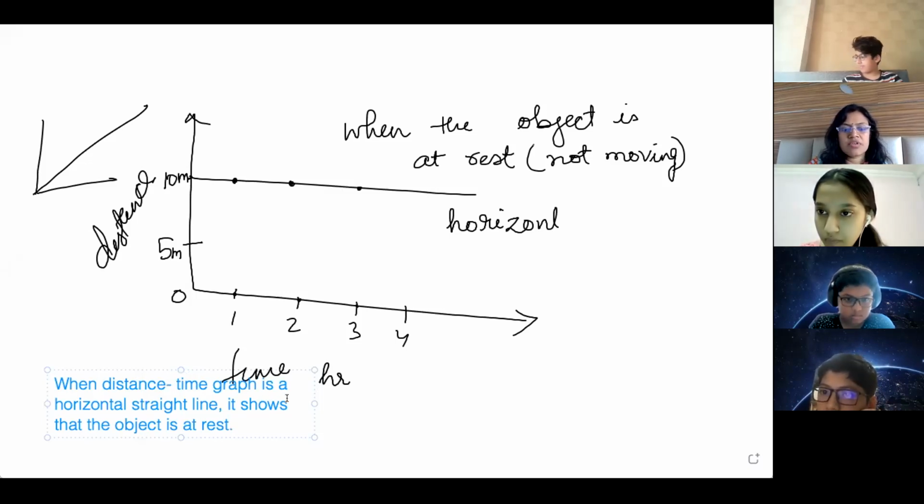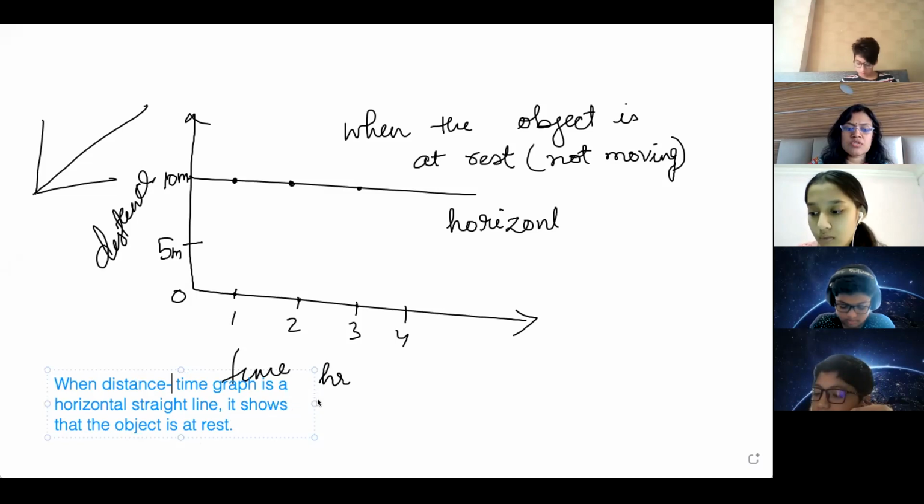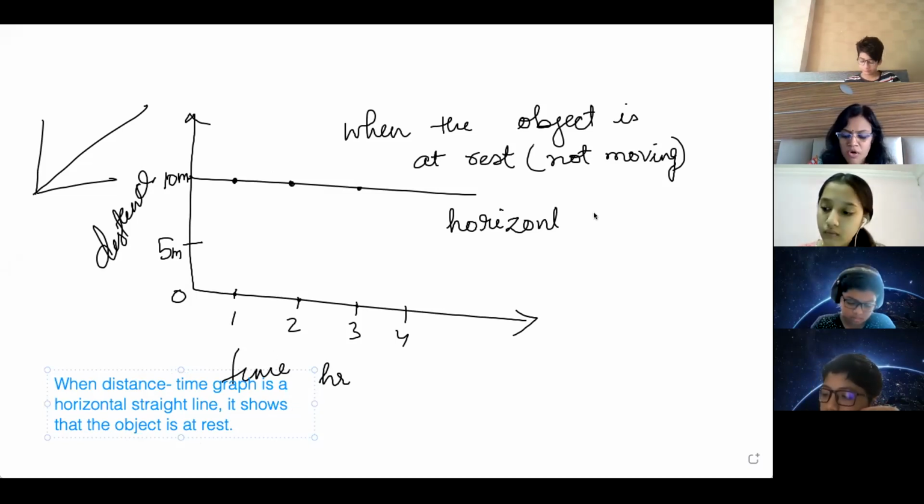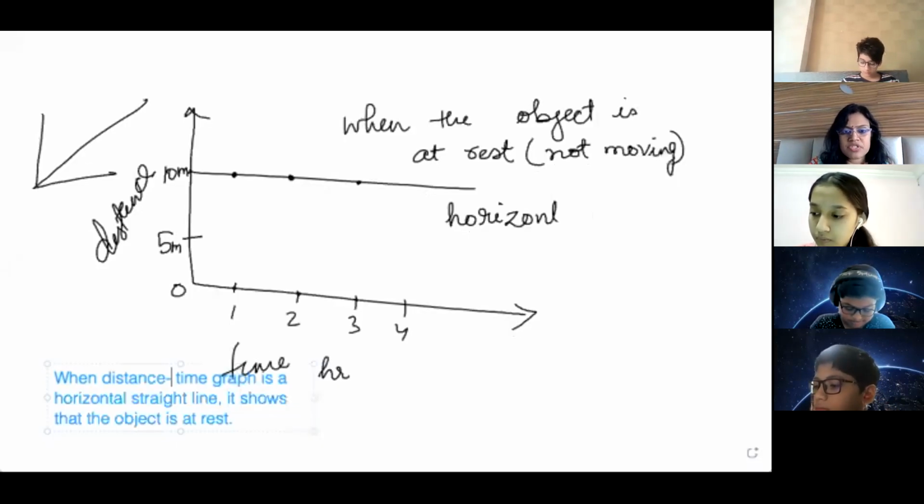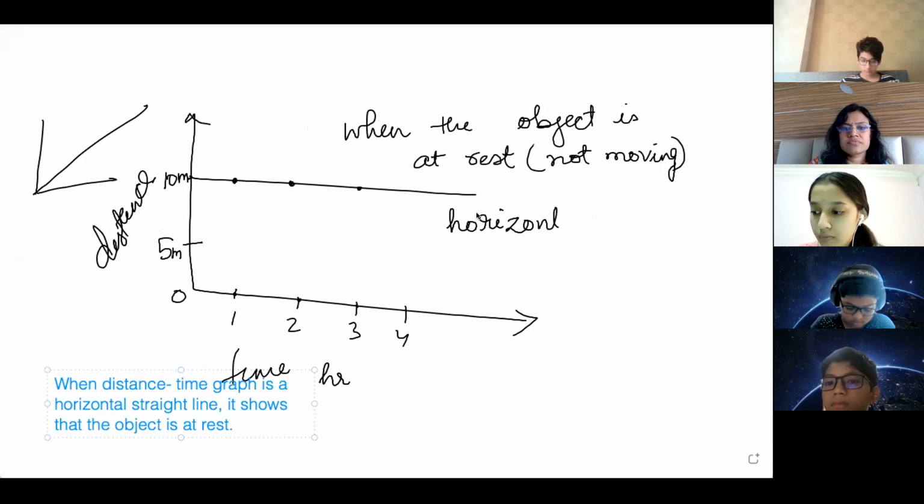When distance time graph is a horizontal straight line, it shows that the object is at rest. Okay, rest means it is not moving. So this type of graph you will get. So we have got 3 types of graph. Write down this statement. First you complete this, then I will give you.